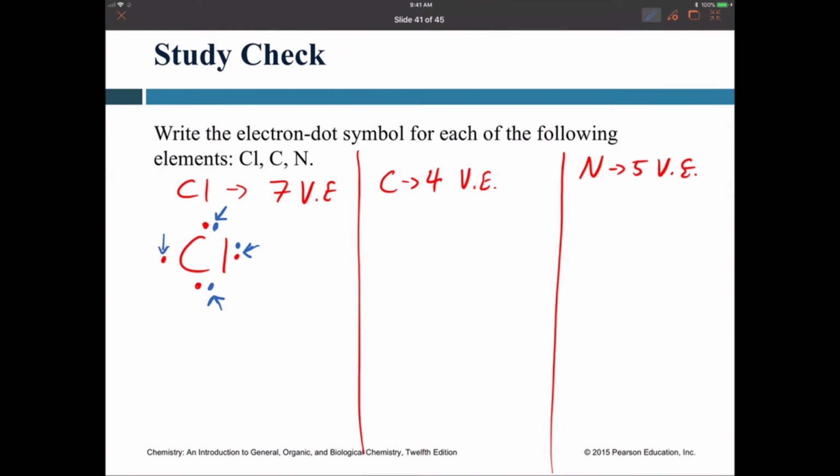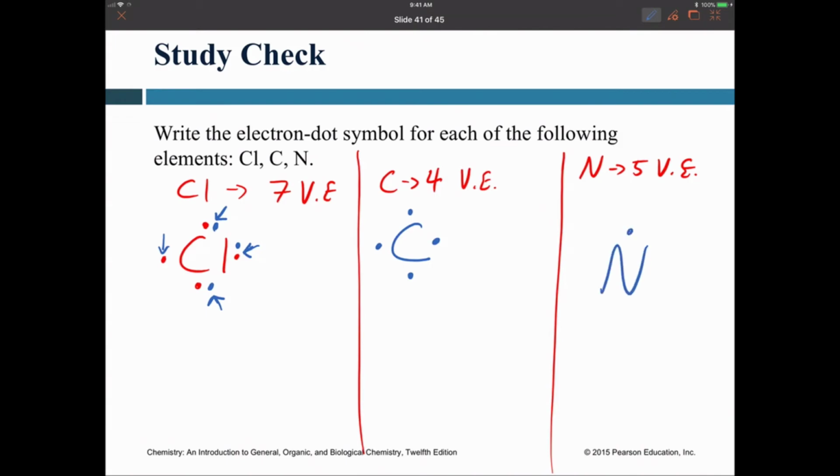So it has 3 lone pairs and 1 single electron. Carbon, 4 electrons. 1, 2, 3, 4. So there's carbon. Carbon has 4 valence electrons, so it doesn't have any lone pairs.